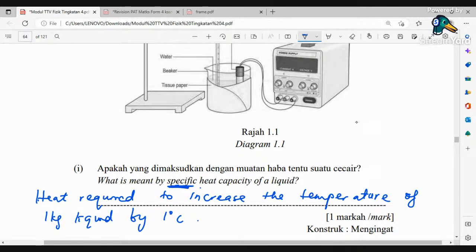Okay, nampak tak? 1 kg by 1 degree Celsius. Okay, so ini ialah specific heat capacity. Okay, amount of heat required or needed to increase the temperature of 1 kg liquid by 1 degree Celsius.